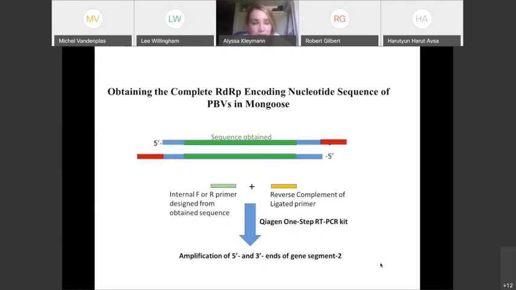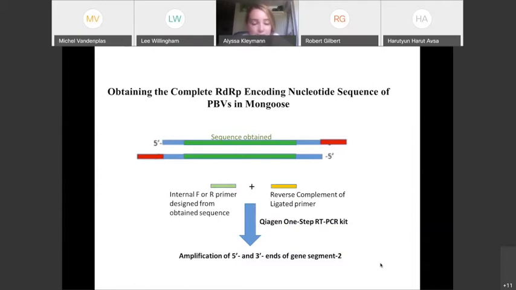Next, we used the 1200 base pair forward and reverse primers that have been published by Malik et al., that I mentioned, and these authors designed these primers from a conserved stretch of PBV following a multiple alignment. These primers amplify around 1200 base pairs of gene segment 2.